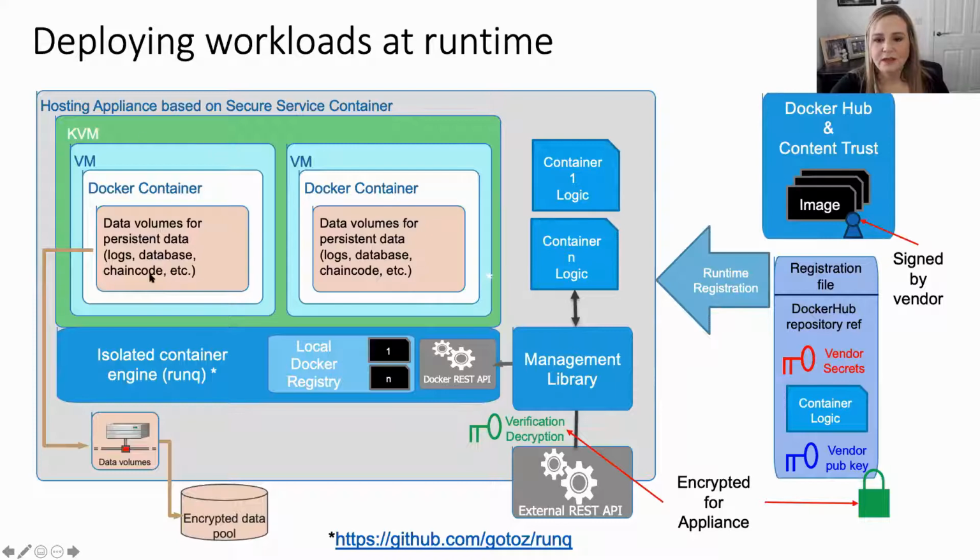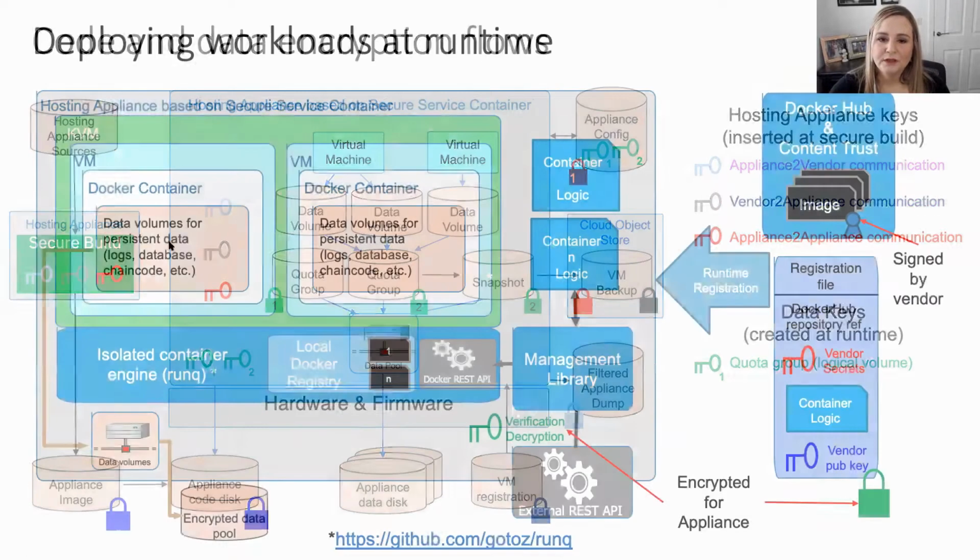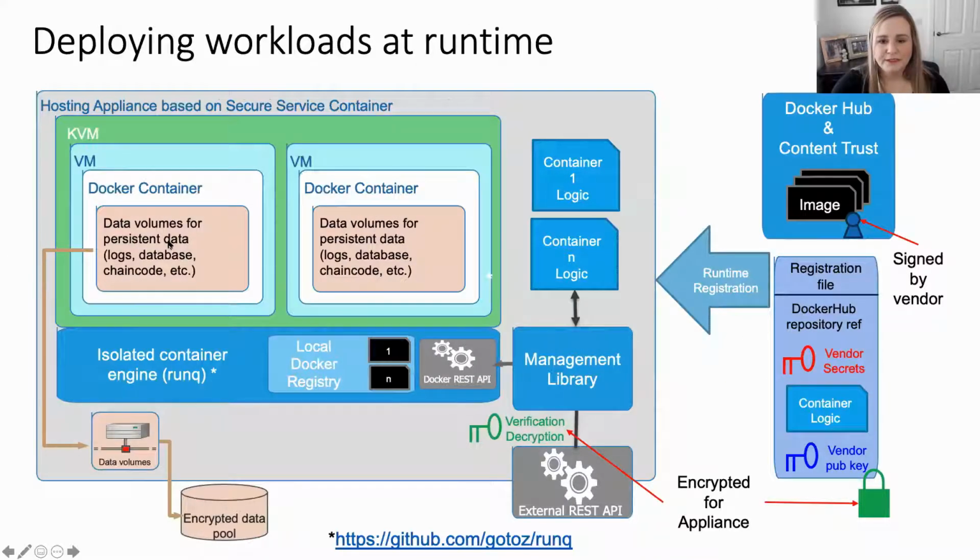So there's another layer of isolation. Within that container, you're going to have things like your data volumes. You could have databases. You could have something like blockchain that's running chaincode. You could have whatever applications you wanted in there. And you can see the arrows down to our data volumes, and they're going to run an encrypted data pool.